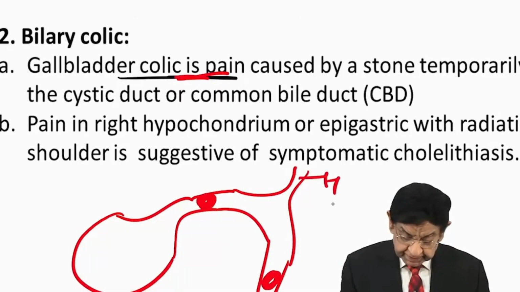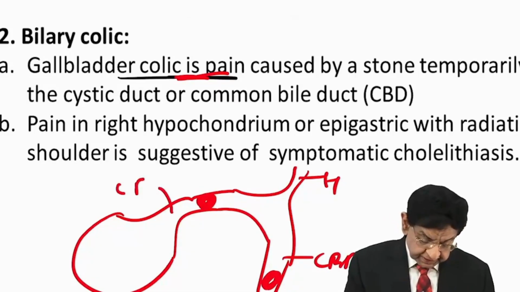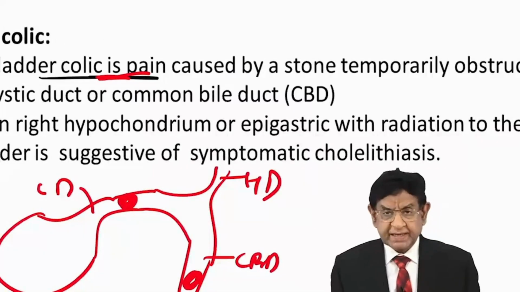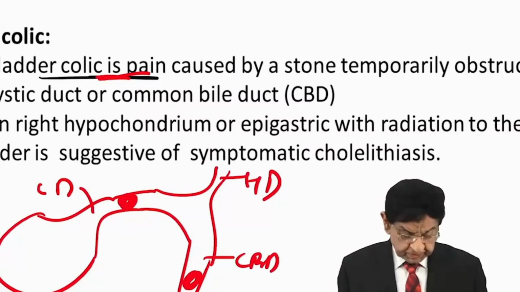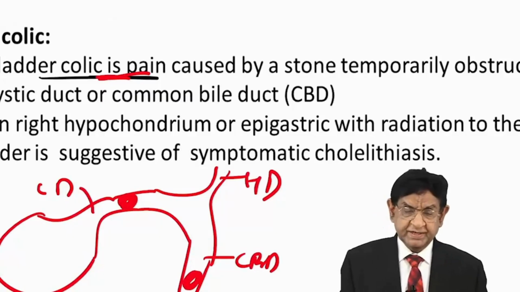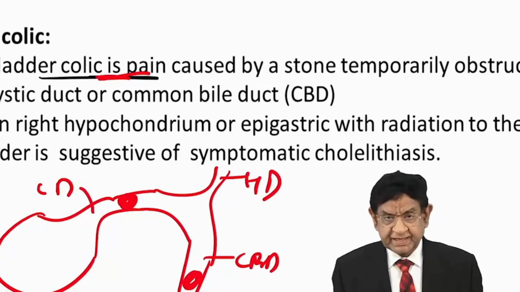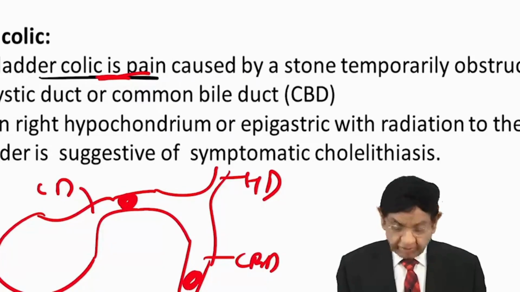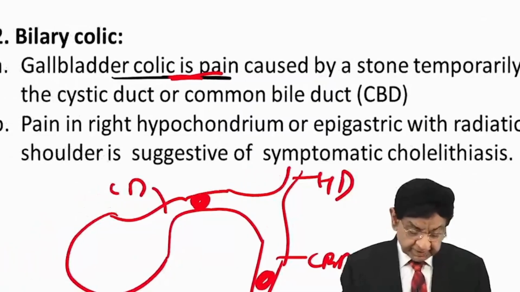Hepatic duct, common bile duct, cystic duct. So either the common bile duct is blocked or the cystic duct gets blocked. So definitely the pressure from behind will be there, and that will lead to severe right upper abdomen pain.